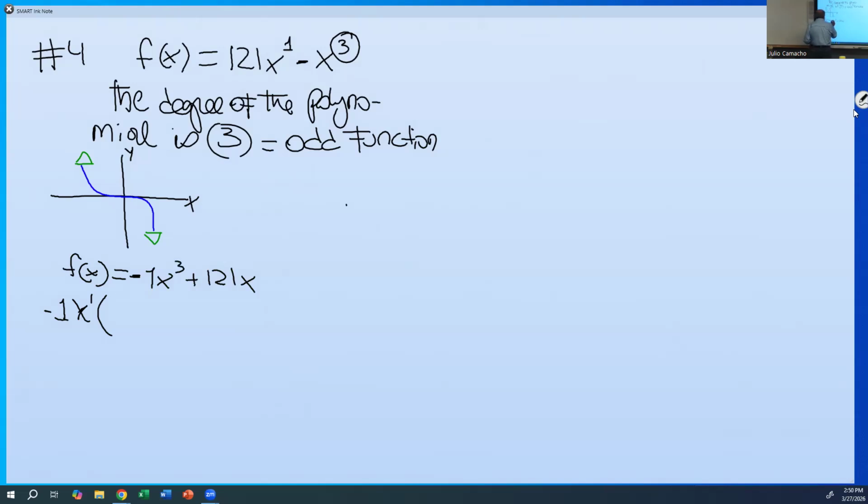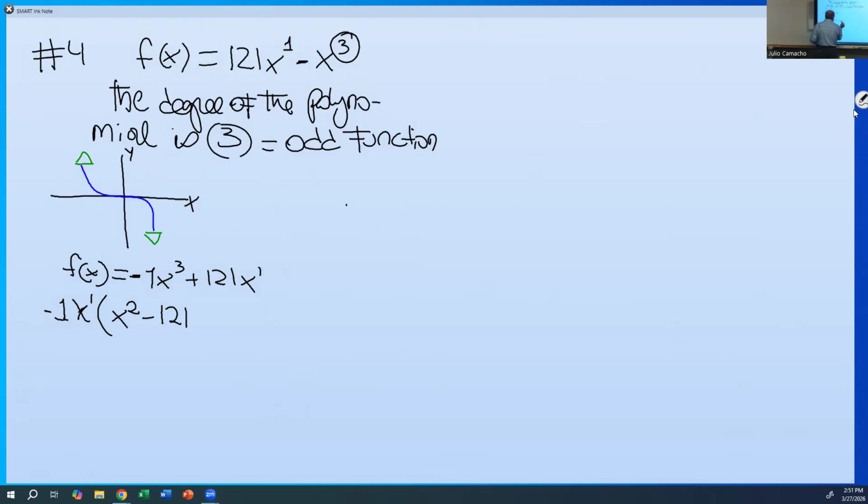So if you have a negative 1 and a negative 1, you divide two negatives, you get a positive. And then you subtract 3 minus 1, which is a 2. It's a positive x squared. And then you have a positive 121x. Positive 121 divided by negative 1, positive and negative is negative. You get a negative 121.